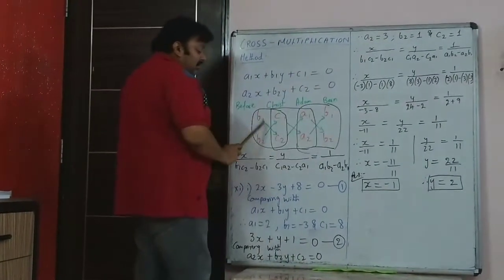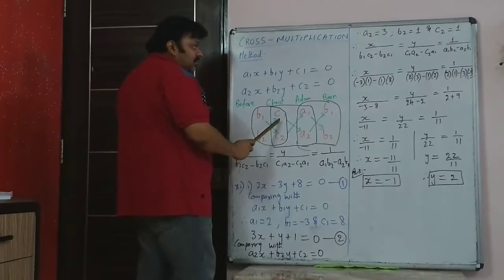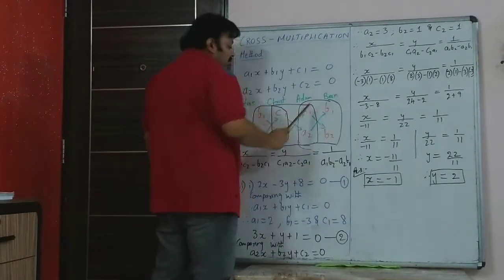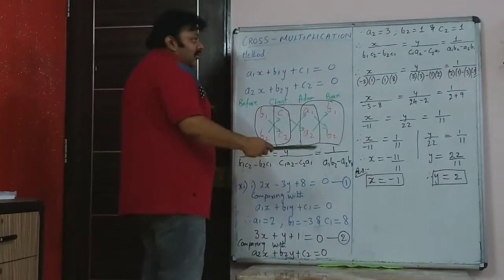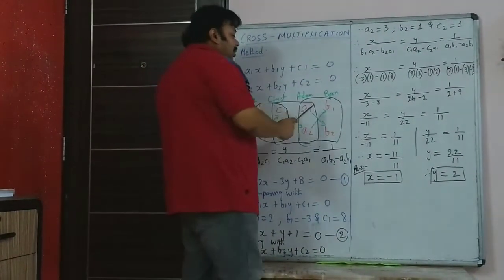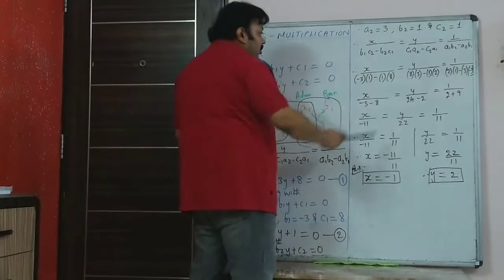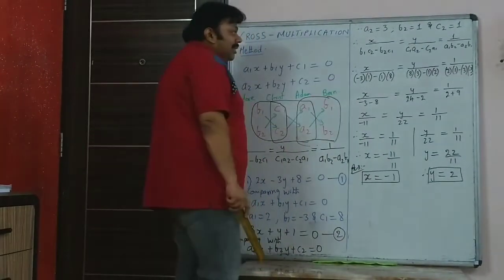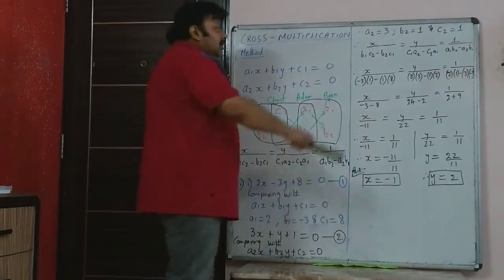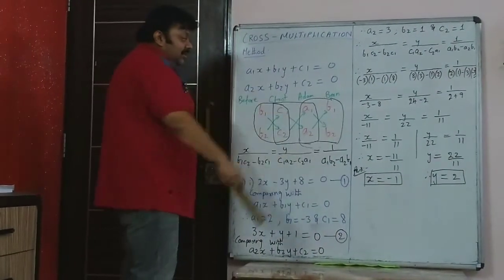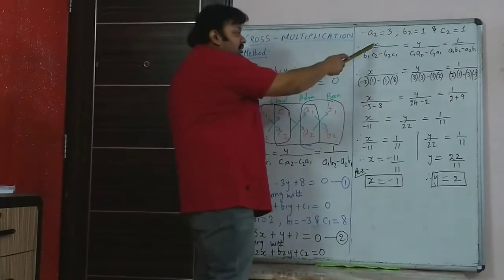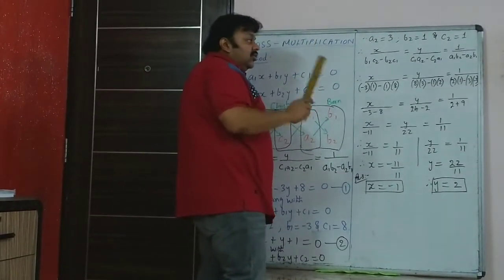x upon b1 c2 minus b2 c1 equal to y upon c1 a2 minus c2 a1 and 1 upon a1 b2 minus a2 b1. So you can remember this by this method as I explained it. So now x you don't know, y you don't know, you have to find.